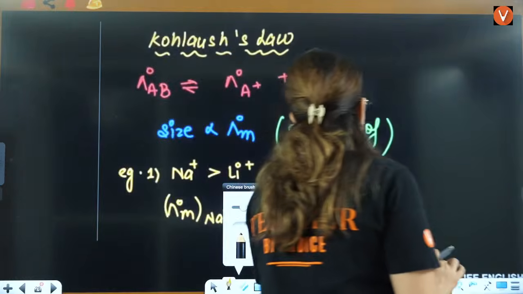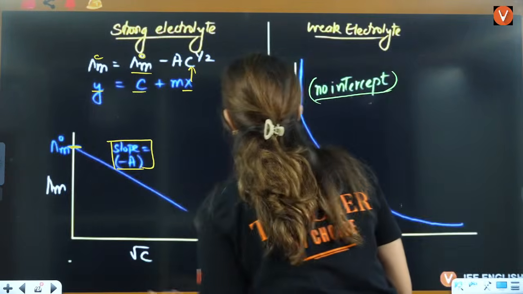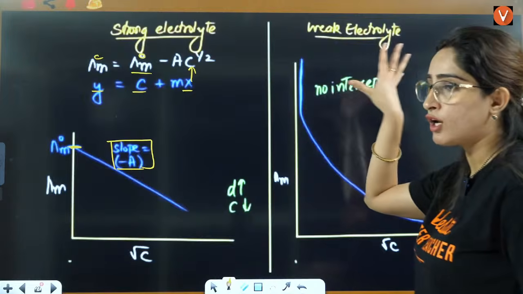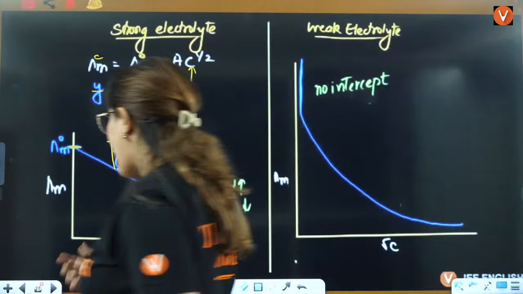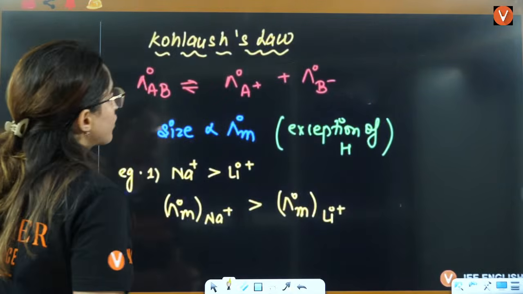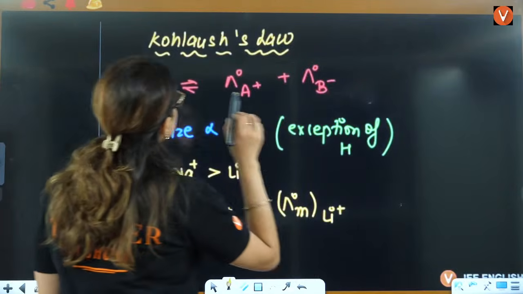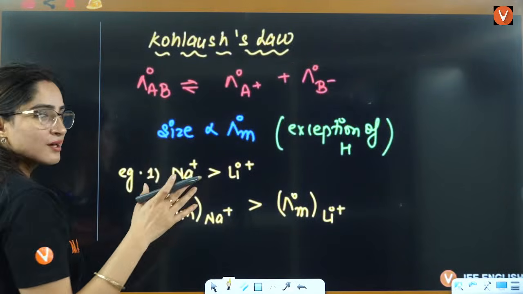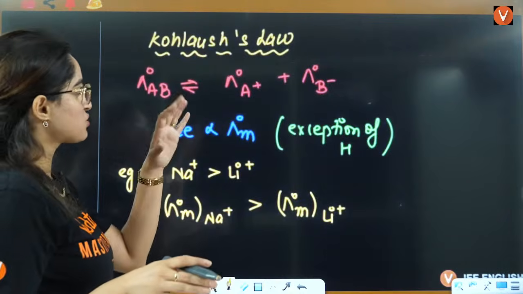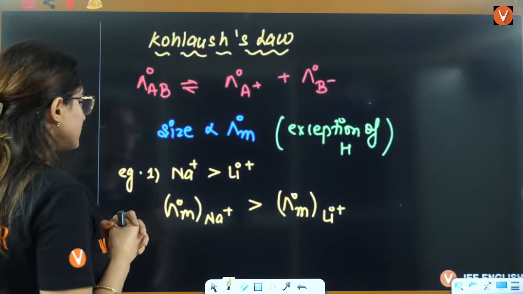Because we are not able to find the molar conductivity at infinite dilution for a weak electrolyte, we have a law for that, Kohlrausch's law.